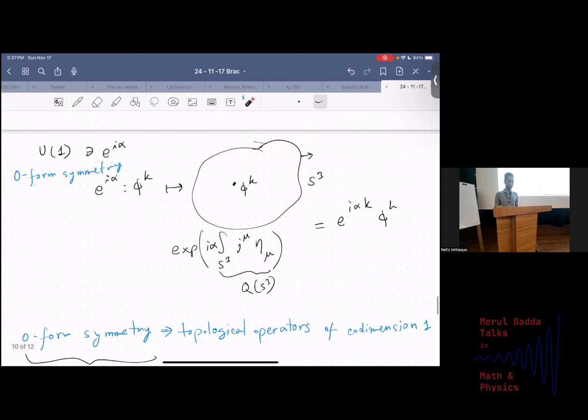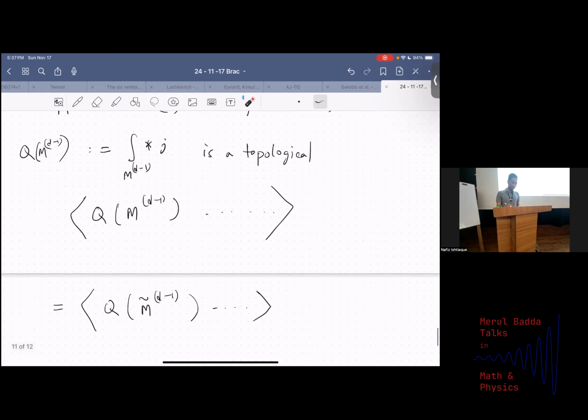That's a smooth deformation. There are some caveats: I have other operators located at different points in my spacetime. So when I'm doing this deformation, I just have to make sure that I am not hitting any of the other insertions of operators. As long as that holds, this correlation function is not going to depend on the support. That's what I mean by this operator being topological.